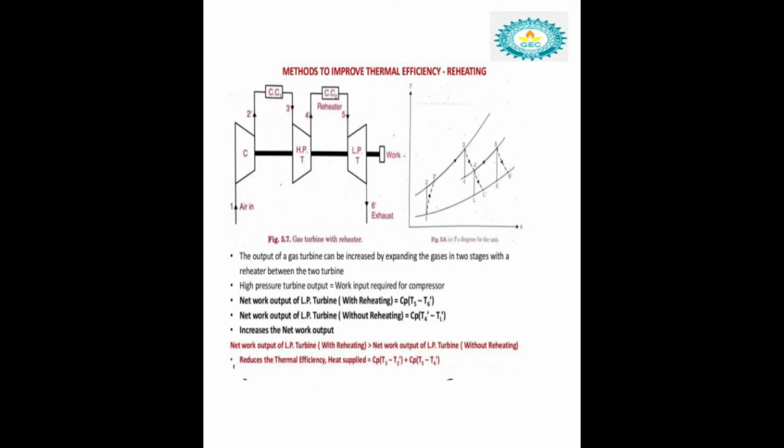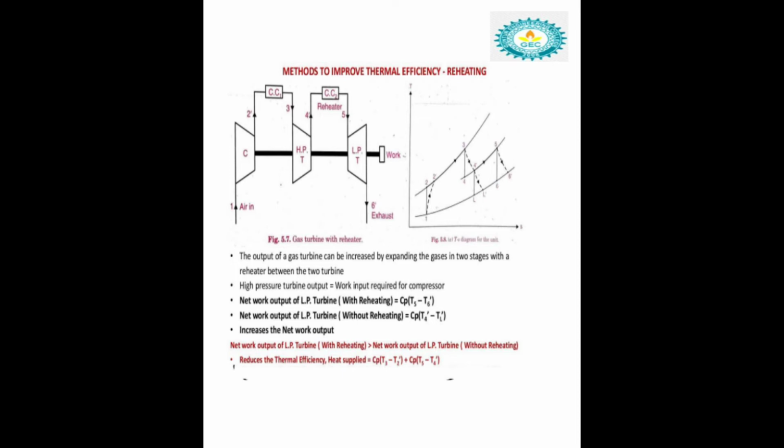Come to reheating. What is reheating? The output of gas turbines can be improved by expanding the gases in two stages with a reheater between the two. The high pressure turbine drives the compressor and the low pressure turbine provides the useful power output.